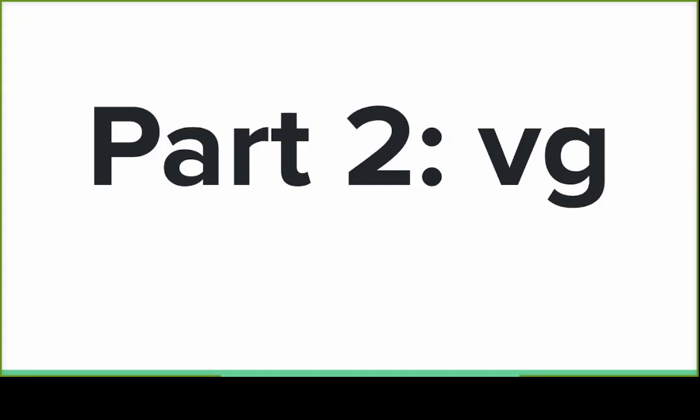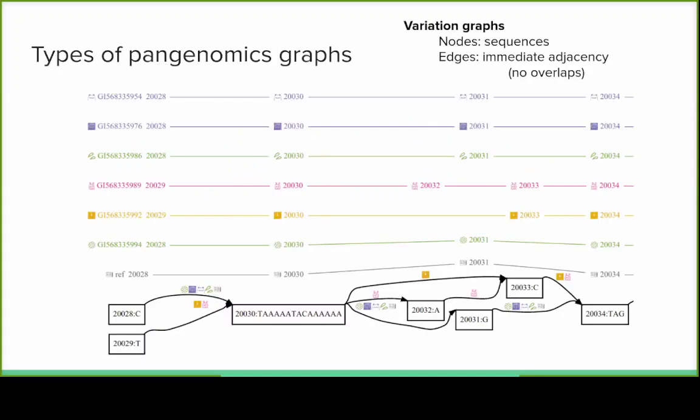Let's get going. So VG, this might be a bit of a repetition of the talk that Eric will give tomorrow, but I'll go a bit fast, and you will hear more about VG tomorrow. My take on it is another type of graph, where nodes are also sequences, and edges are no longer overlaps, but immediate adjacencies between sequences. Feel free to correct me if I say anything inaccurate.